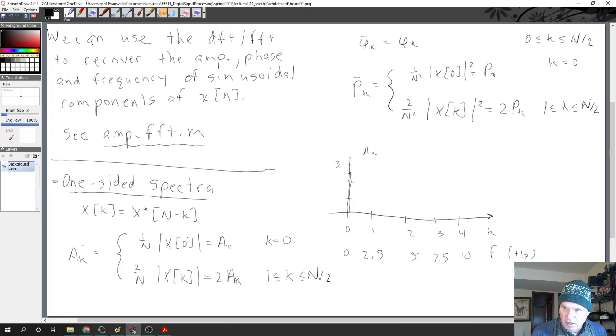This is our one-sided spectra, A k bar. These values would be twice the previous value. So this one, which was 1/2 before, would now be 1. Okay. And then our one-sided spectra would only go up to n over 2 or Fs over 2, which is 5. So this is the one-sided spectrum.